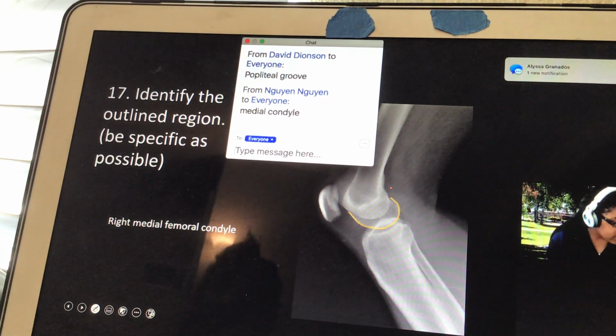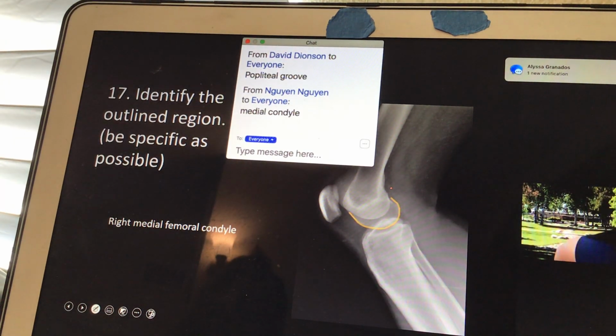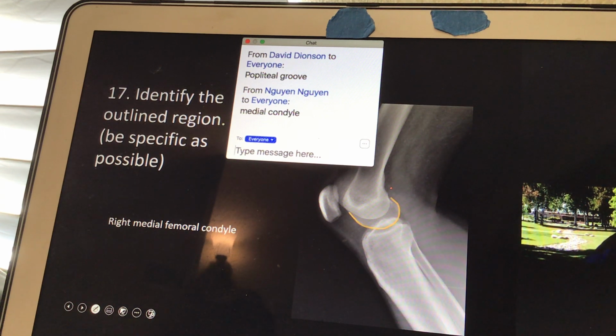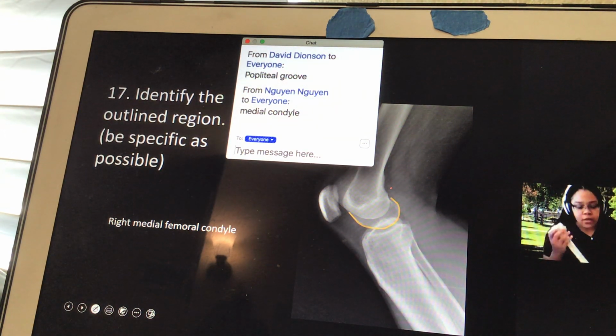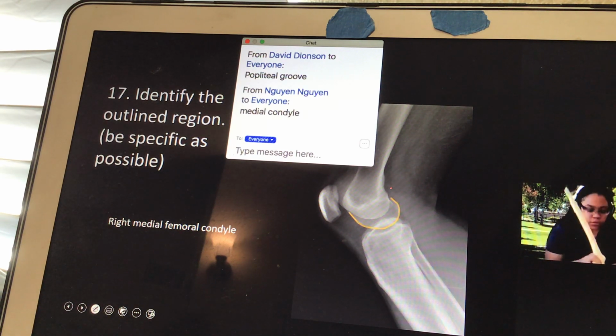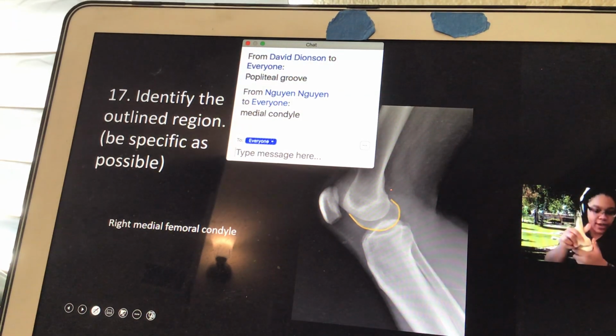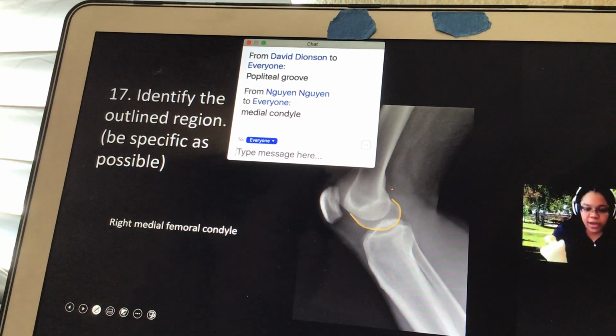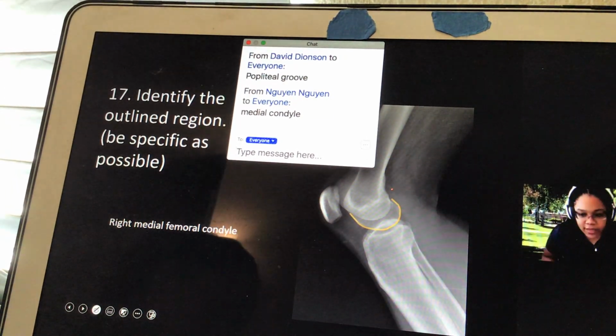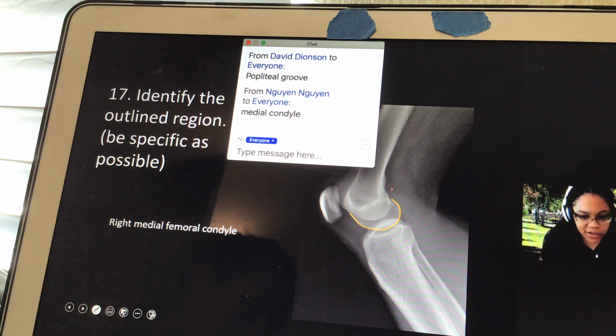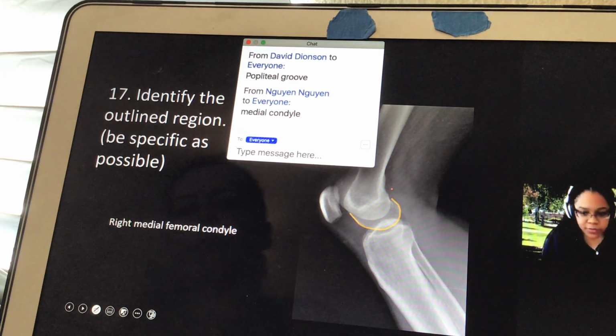When the patient is positioned for a lateral knee view, the lateral aspect of their knee is going to be closest to the cassette. Therefore, the medial aspect is going to be further away, therefore a little more magnified. So that's why that condyle looks a little bigger than the lateral one.